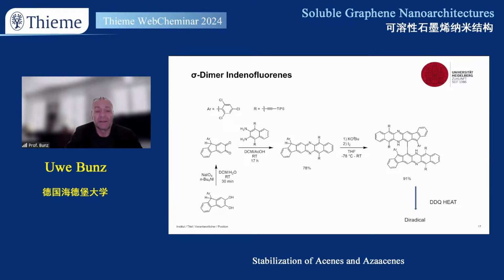Good. The second part of my talk will concern itself with dimer indenofluorenes. So Akimitsu has, of course, done some really nice work on this, and we basically have done the same thing, but just with heterocycles, adding nitrogens.